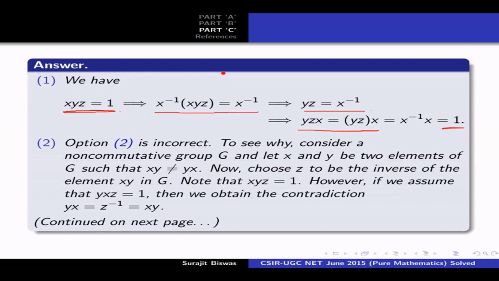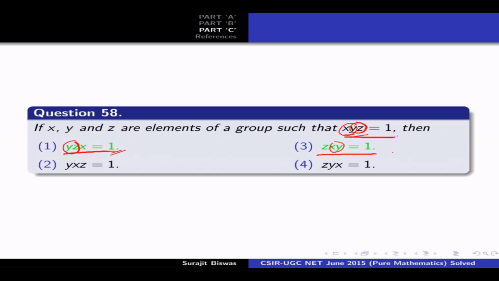Option 2 is incorrect. To see why, in the given condition, consider xz equal to xy inverse. Xyz equal to 1 if and only if z equal to xy inverse.